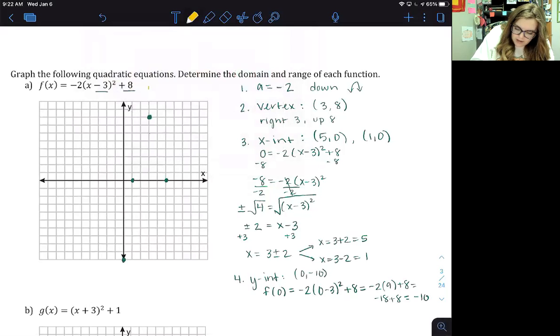Let's add in our axis of symmetry, which is our line that goes through the vertex. And I'm going to draw it as a dashed line. Okay, this is our axis of symmetry. And it's x equals 3. It will always be the same as the x value of our vertex.